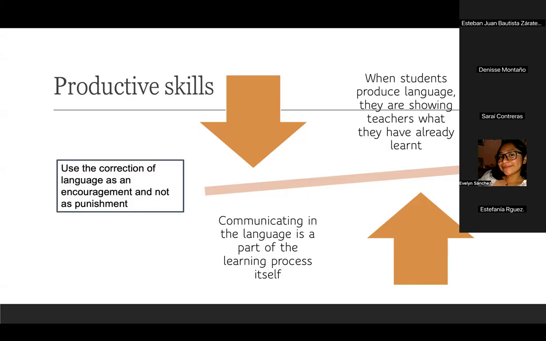Another approach for correcting the written assignment is providing some explanations of what was the source of error. And then you may provide an alternative form so they can correct that mistake.